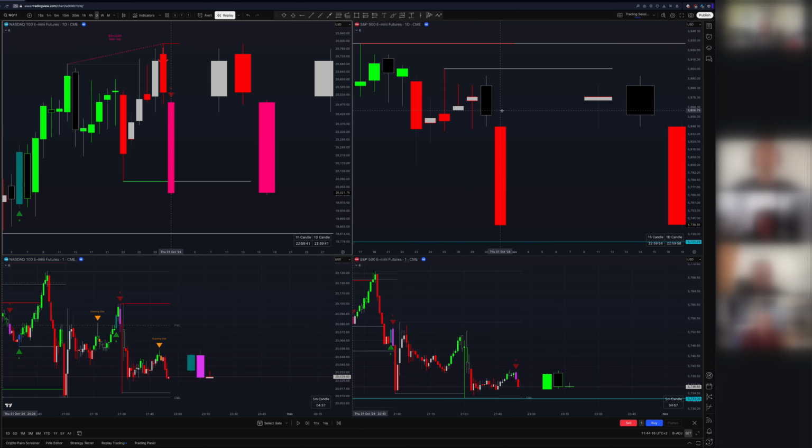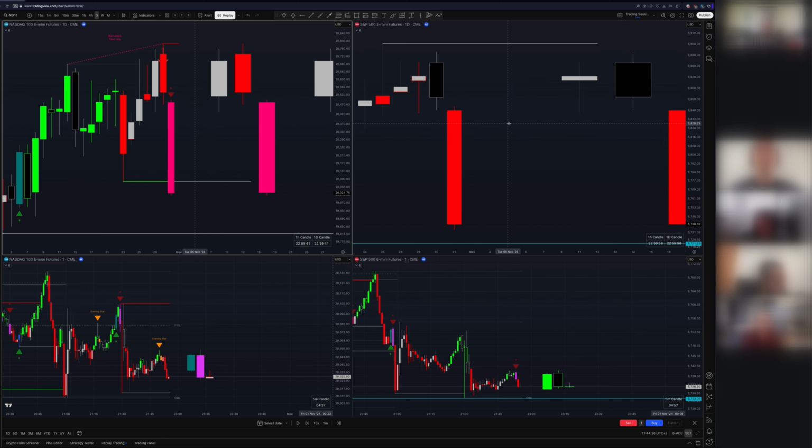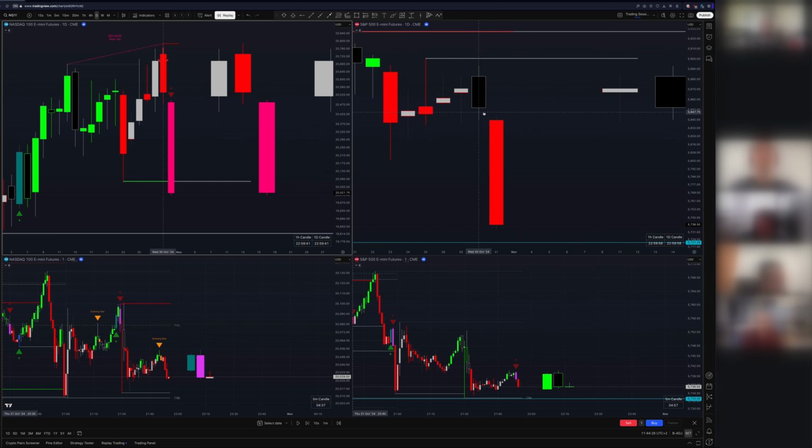That's not correct what I just said. It is basically not a gap, but I think ICT called it volume imbalance when you only have overlapping wicks but not a body.